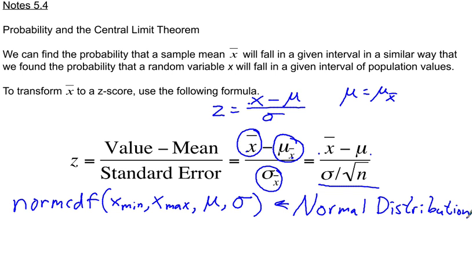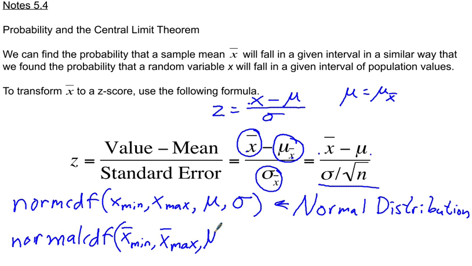Now with a sampling distribution, we still have to use the same function. There's no separate function for sampling distributions. But instead of data values, we now have the sample mean: the minimum and the maximum sample mean we're looking at. We still have the same mean. I could put the little x bar here, but it's the same thanks to the central limit theorem.